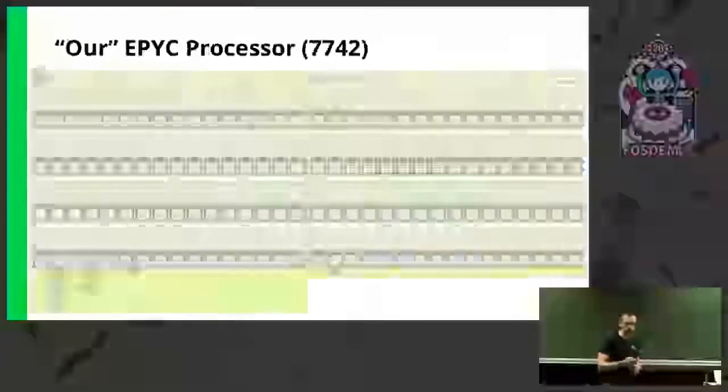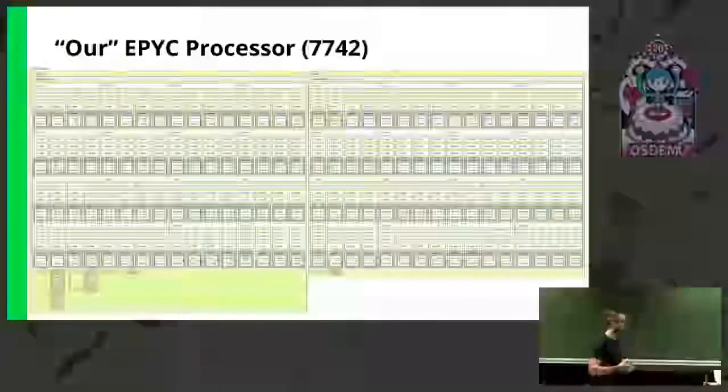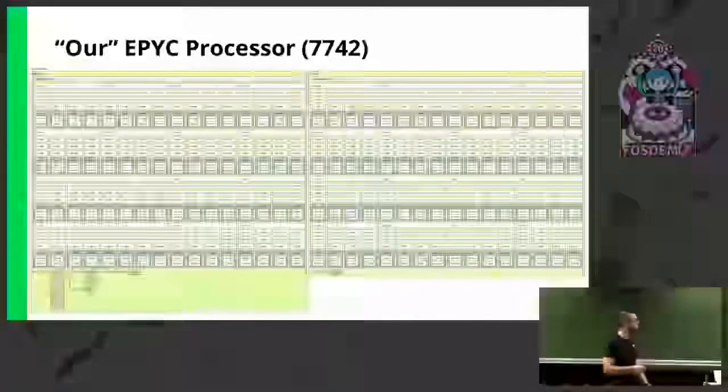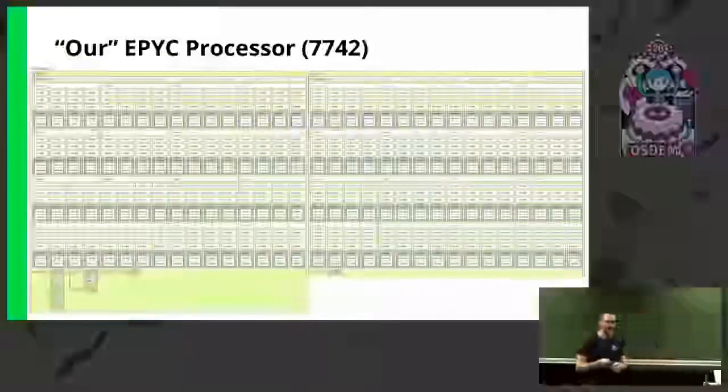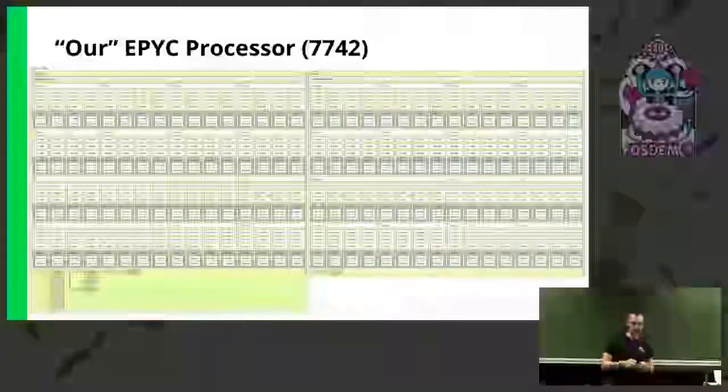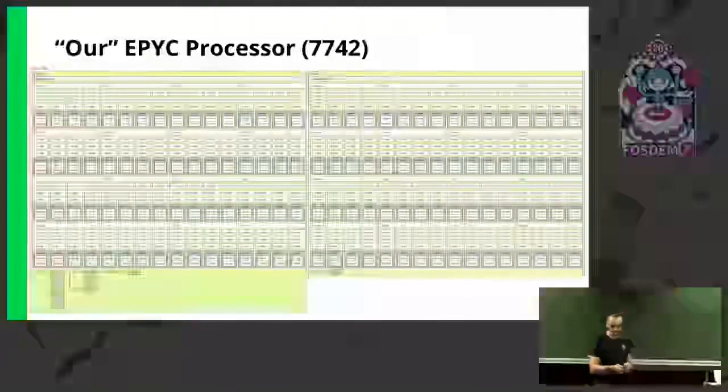That's important to say and to remember. This is another way to look at one specific instance of the series of processors that I introduced before, the 7742. It's the biggest setup, the one that has 64 cores, which means 128 threads, and comes in two sockets. This is the one that we used for this guide, and the one that I'm going to refer to for this talk.